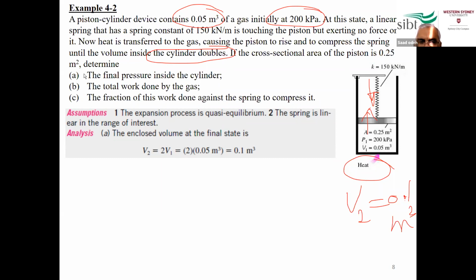But you need to find the other properties for the initial and final states. In our case, we know the initial volume, the initial pressure, and the final volume. The requirement here is to find the final pressure inside the cylinder. So they want to find P2. P2 is missing here.